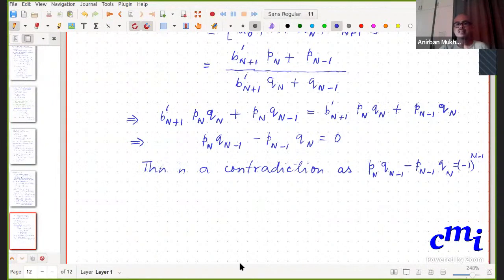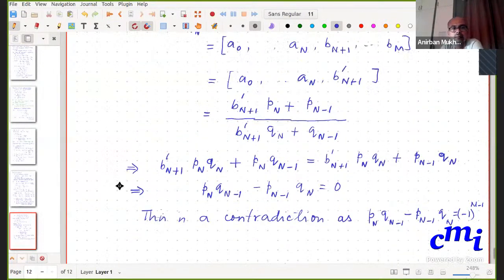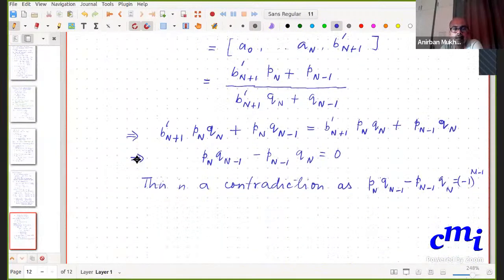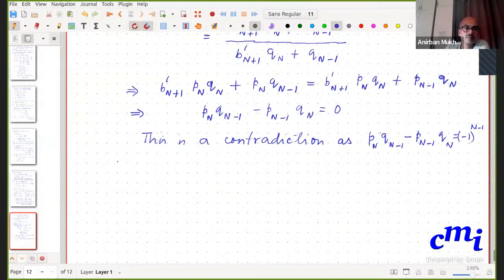So this is a contradiction, and it shows that what led to the contradiction is the assumption that n is strictly less than m. That's not possible. So therefore n and m are exactly equal. So n is equal to m, and we have already proved the equality of the partial quotients.